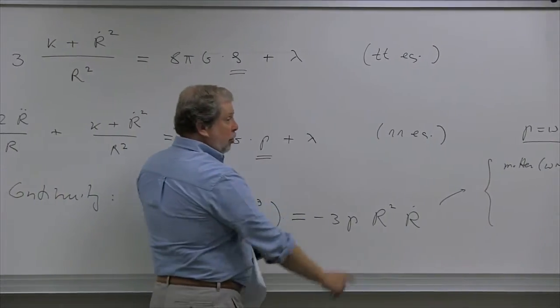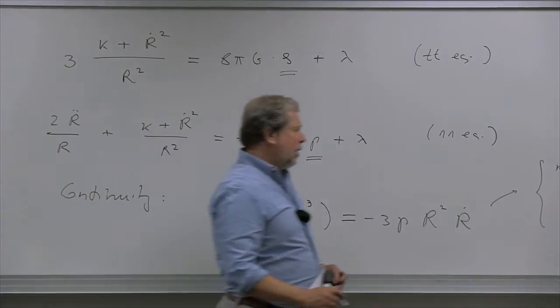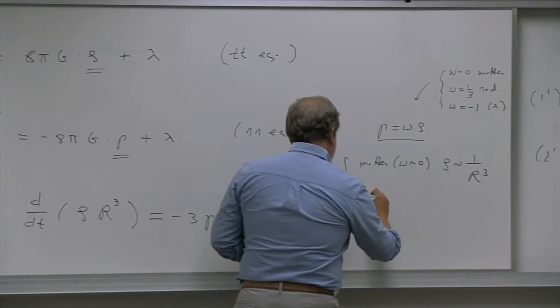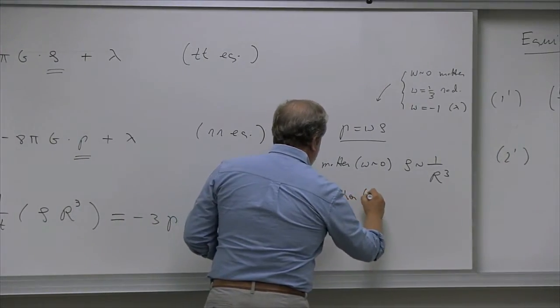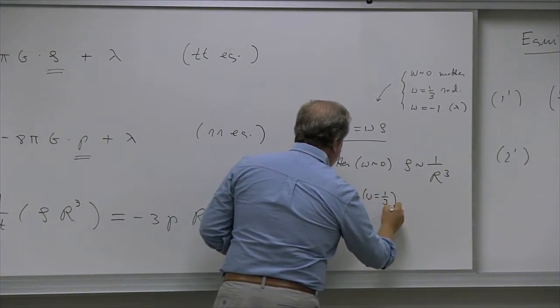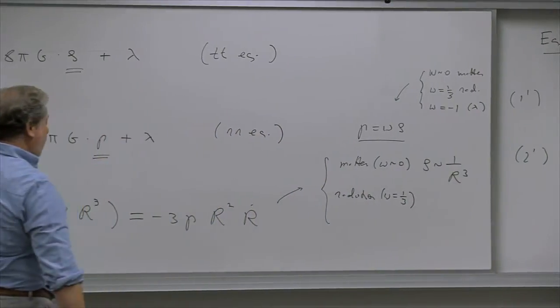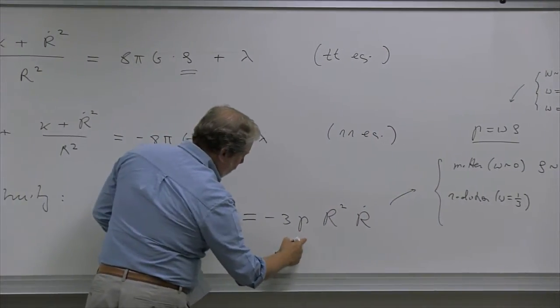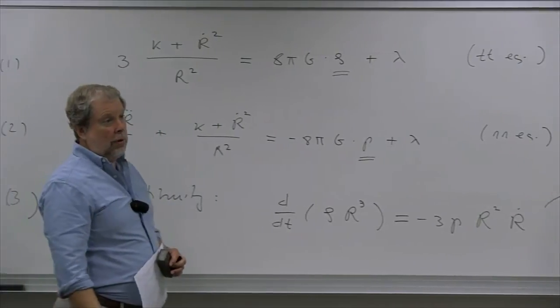Because the pressure is negligible, and that's what we just discussed a moment ago. If you have radiation, then W is 1/3, as I said, right? And you put P is equal to W times rho with 1/3.